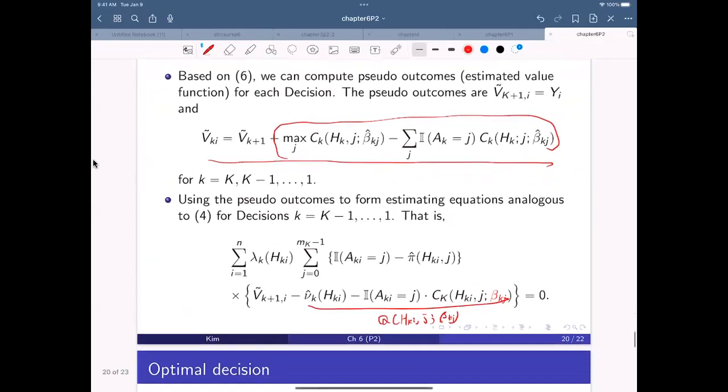So Q function is actually a model of the QK of the K plus 1 given HK, AK equal to J, something like that, right?